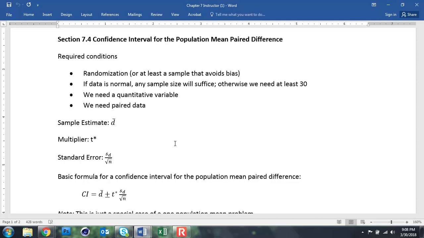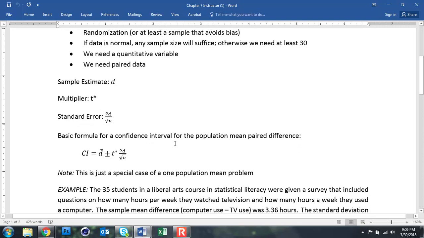Our multiplier that we use here, because we're dealing with means, is a t-star multiplier, and the standard error is s sub d over the square root of n, where s sub d is the sample standard deviation of the paired differences. So our basic formula for a confidence interval for the population mean paired difference, we have d bar plus or minus our t-star multiplier times s sub d over the square root of n.